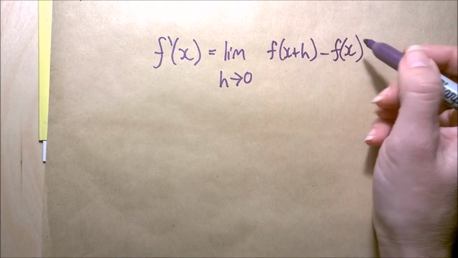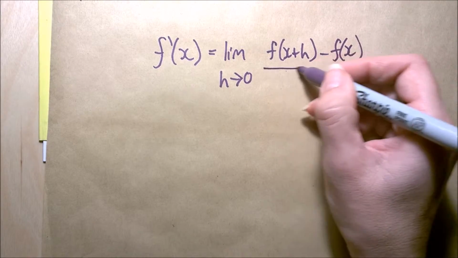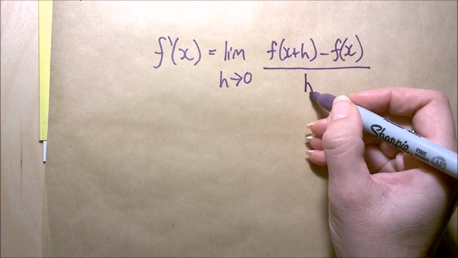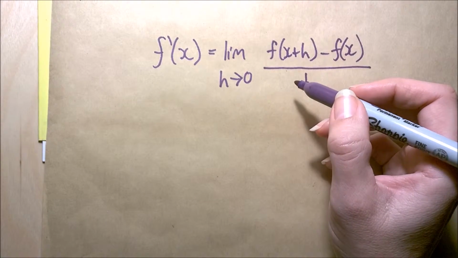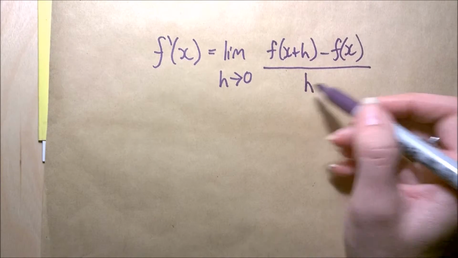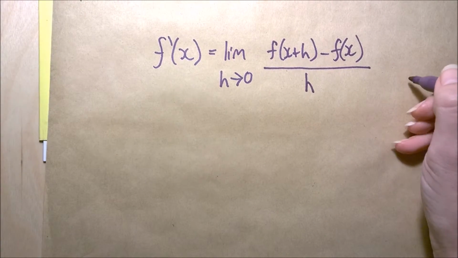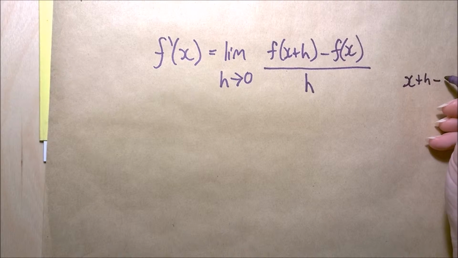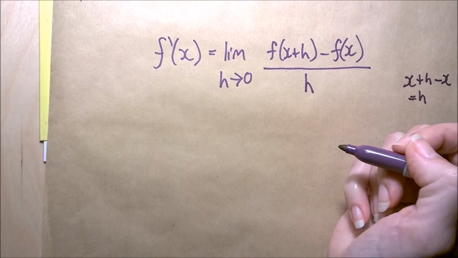So the final value minus the original value equals the change in y over h. This is the change in x, because we have the final value of x being x plus h minus the original value, which equals x. So x plus h minus x equals h. So that's how we got the h at the bottom.